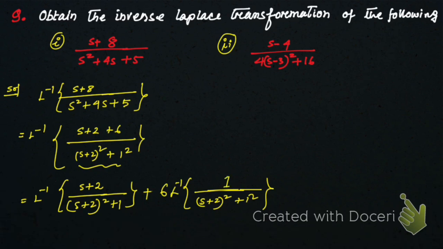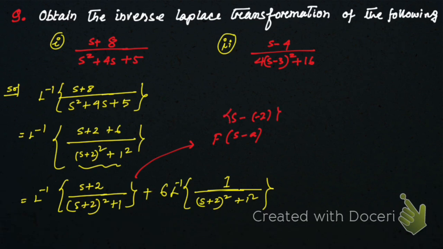So what you can do now: you can see here clearly, this is s plus 2 whole square. So you can compare this function as f of s minus a, right? Then your a will be minus 2, that means s minus minus 2.